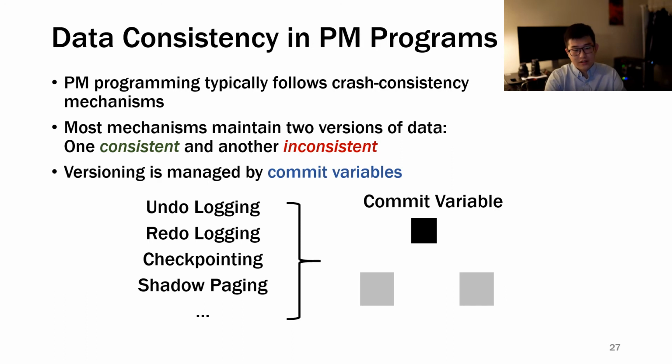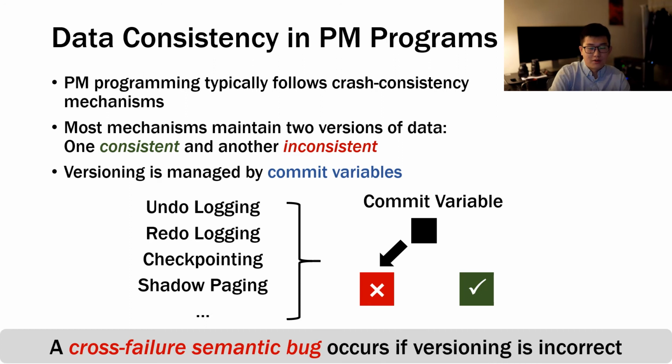Versioning is managed by a commit variable, such as a valid bit in the undo log-based array update. Depending on which version the commit variable is pointing to, we will use that version as a consistent copy for recovery. But if the commit variable is pointing to a version that is already known to be inconsistent by the program semantics, then a cross-failure semantic bug occurs.